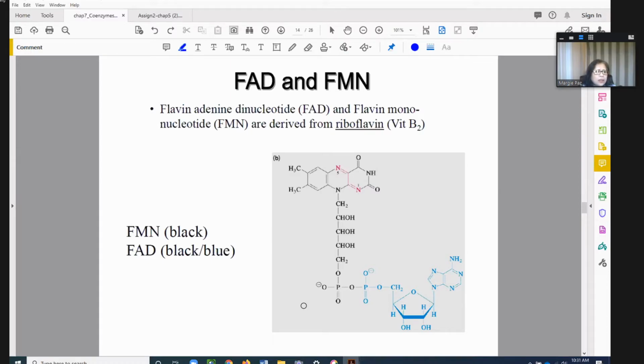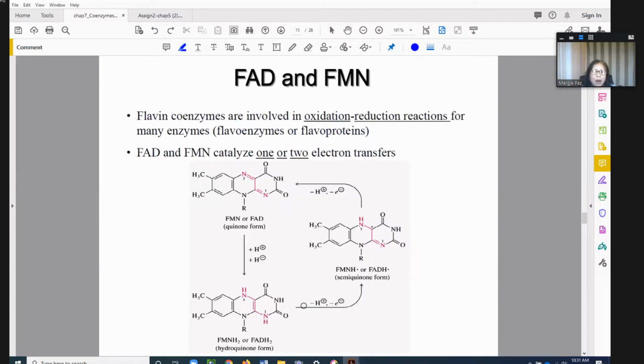What is the role of flavin coenzymes? Flavin coenzymes are involved in oxidation reduction reactions.